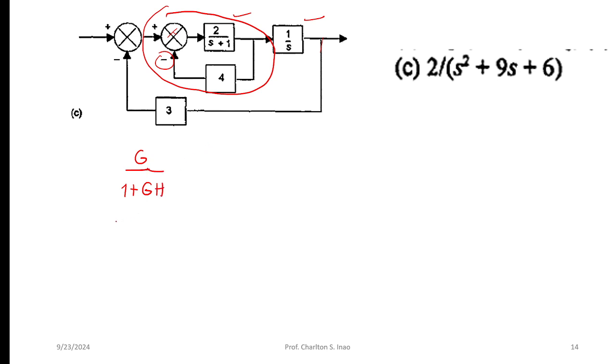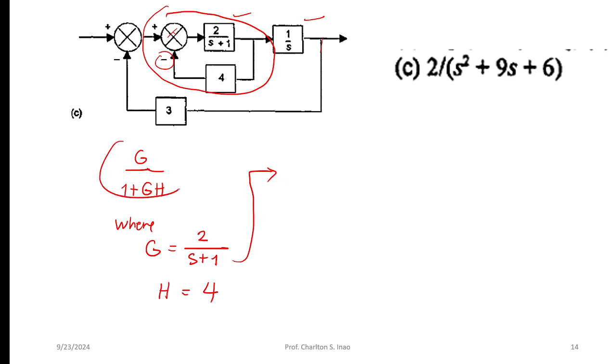But what is G? Where G is what? 2 over s plus 1 and H is 4, right? So continue here. We're going to follow this format.